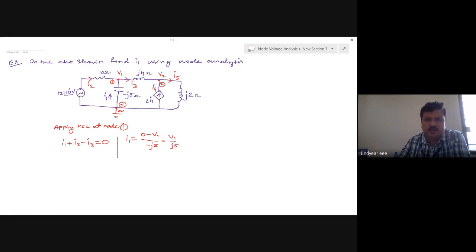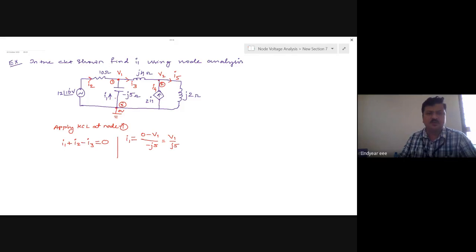Okay. The direction of current is very, very important. Or else what will happen? If the sign of the coefficients change, answers will also change. So we should take care. When we assign the current in each branch, and while writing the expression for the current to substitute in the KCL equation, we should be very careful about the direction of the current, from where to where it is flowing.